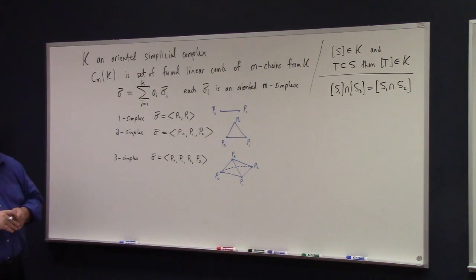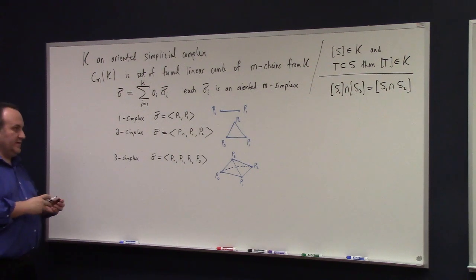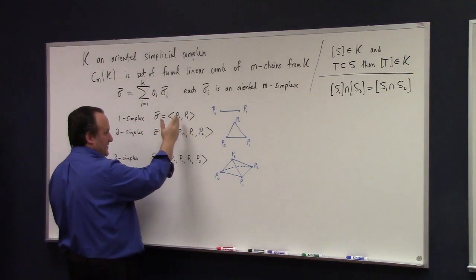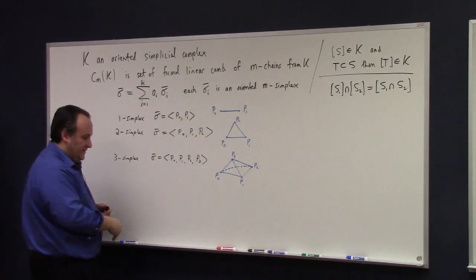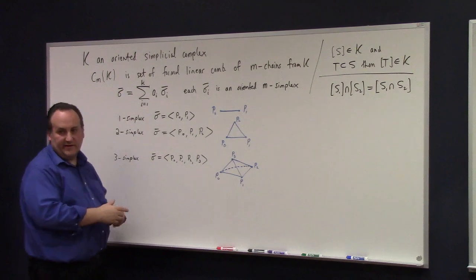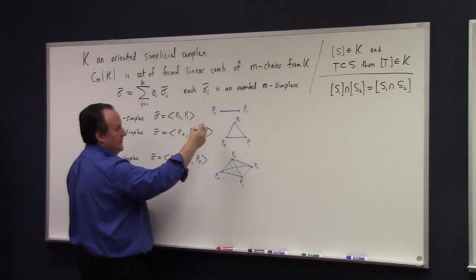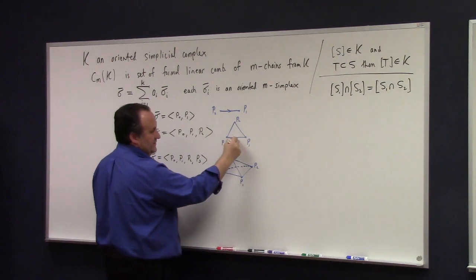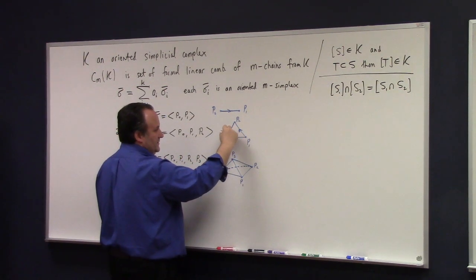We spent about an hour on that, and then we introduced orientations, which is just to say this comes first, that comes second, and I can illustrate the orientations with arrows on my diagrams. Like here, this one goes 0 to 1, 1 to 2, 2 to 0.